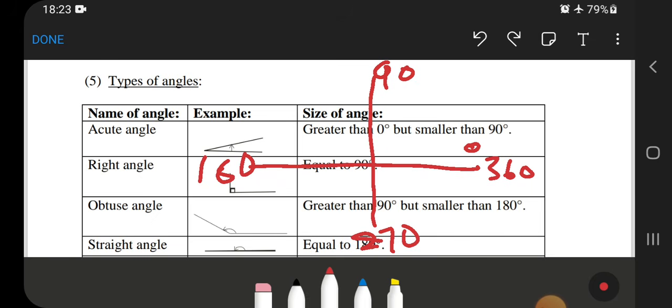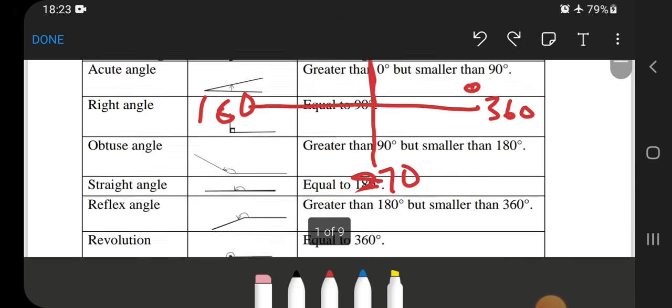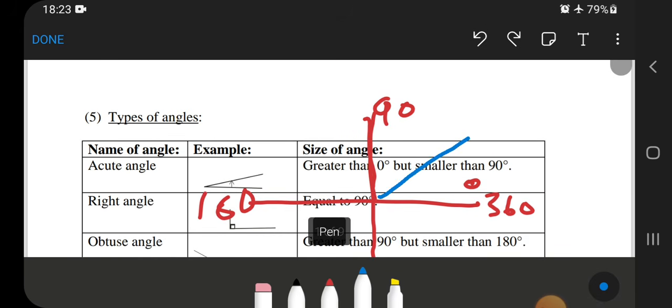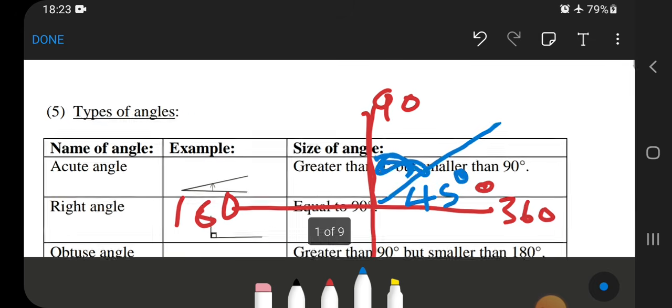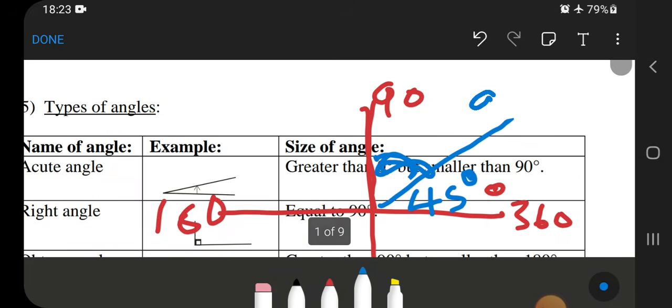And then a right angle is this one. This one that is standing at 90 and then going straight. So that is a right angle. If we have anything like this that has been cut like this, and then here we have 45 degrees, for us to get this one here, we have to say 90 minus 45 equals this one here.